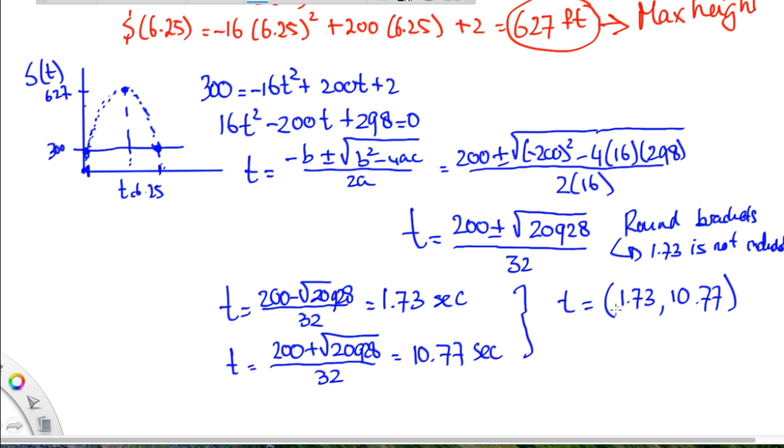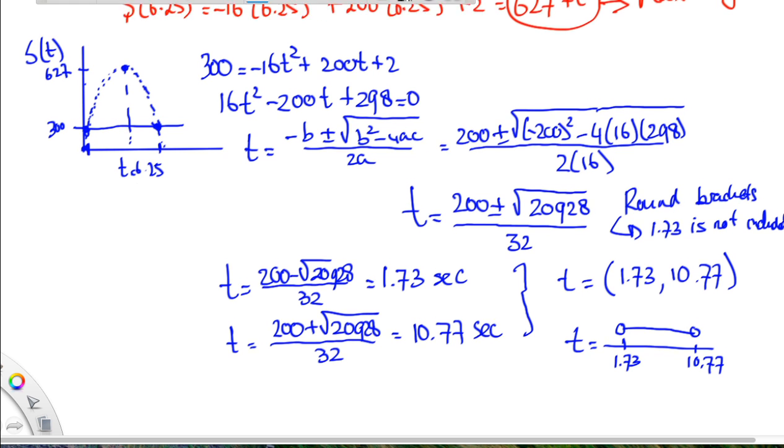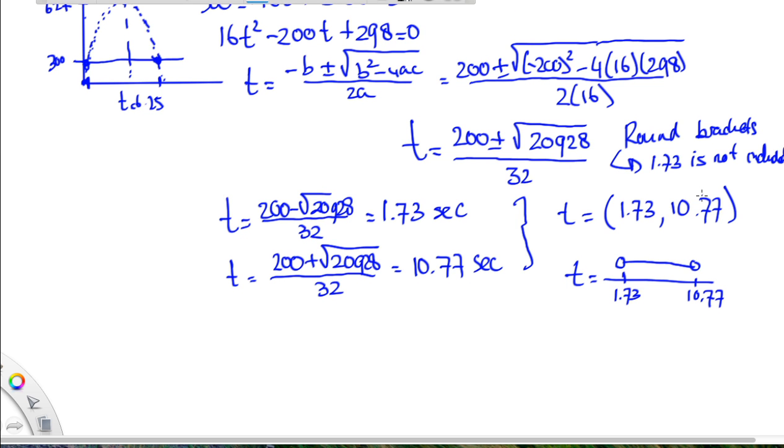So if you graph this as an inequality, which it is actually, you would say 1.73 open circle to 10.77 with an open circle, and you could connect it this way. So you could answer it this way as well, but that looks sort of funny. Or you could literally write it as a sentence. The time that the rocket will be above 300 feet is between 1.73 and 10.77 seconds.